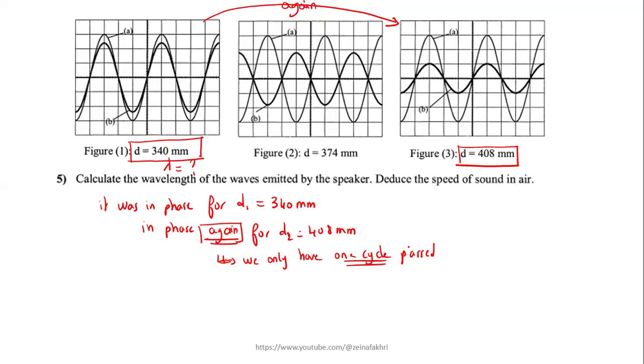So one cycle means the distance between them is lambda.